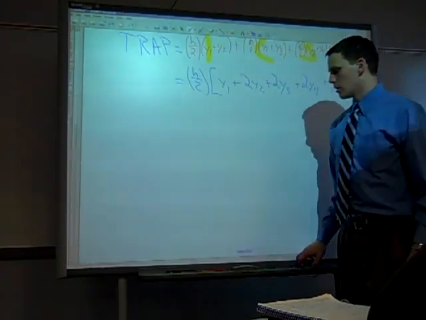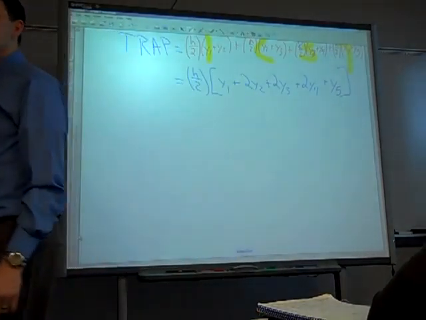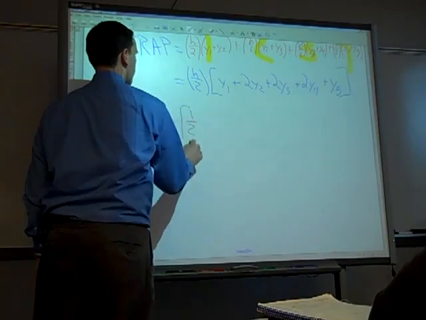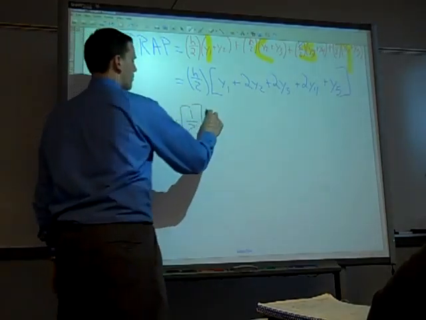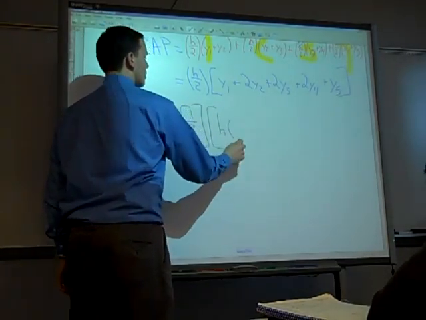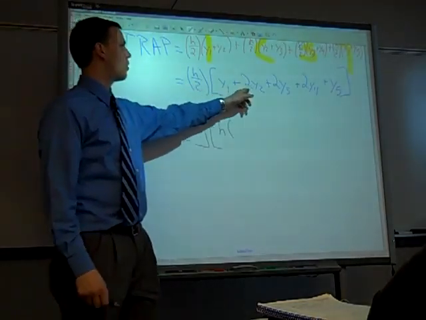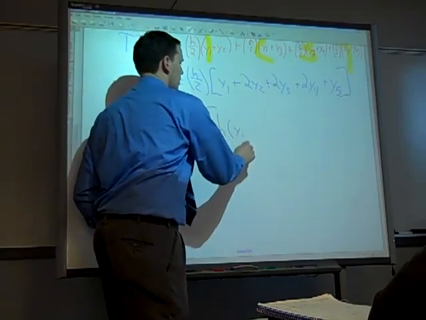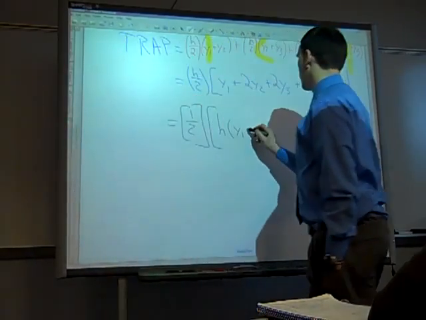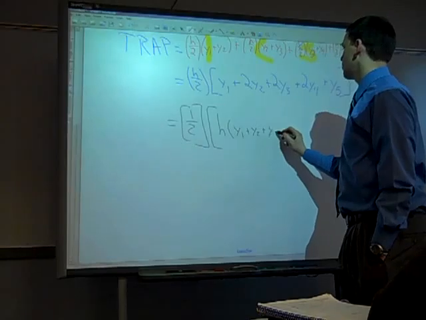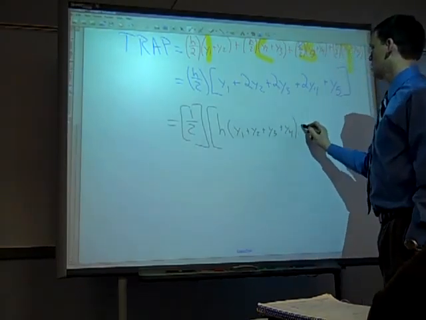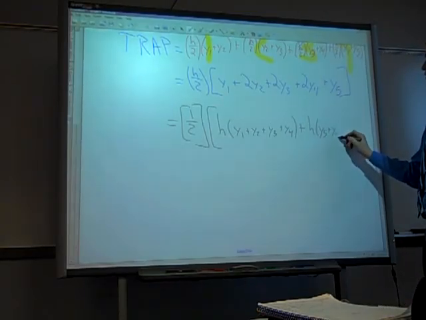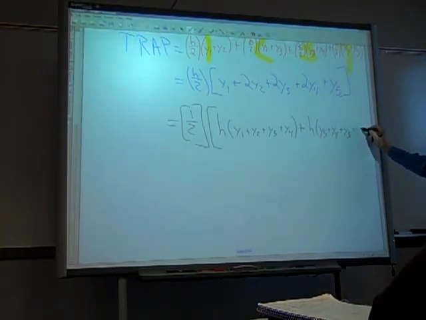It's clever, right? Now what I'm going to do is put a 1/2 here, and then with the h, I'm going to split up my y2s, y3s, and y4s. So this is going to be h times y1 plus y2 plus y3 plus y4, plus h times y5 plus y4 plus y3 plus y2.